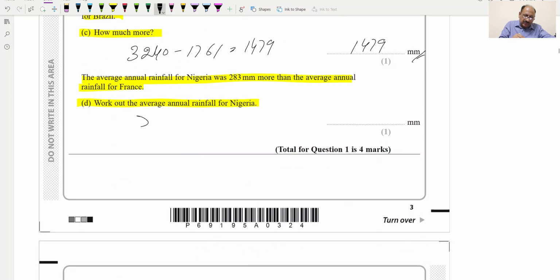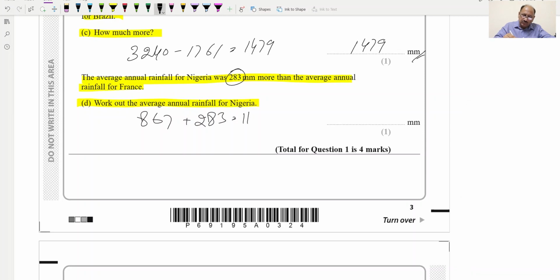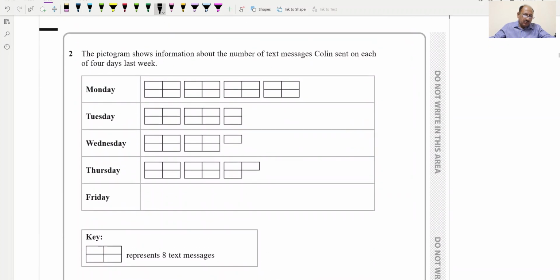In 867, we will be adding 283. So 867 plus 283 is equal to 1150. This one is for 1 mark. This is also done. Now question number 2.